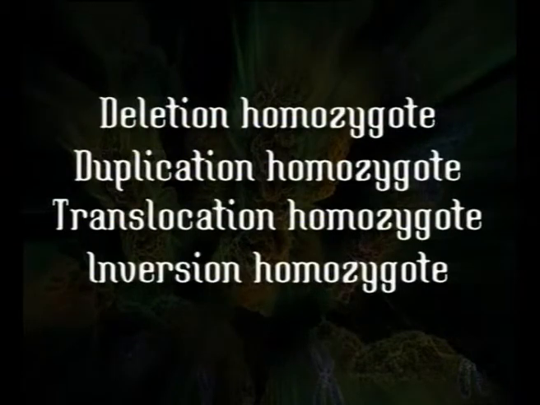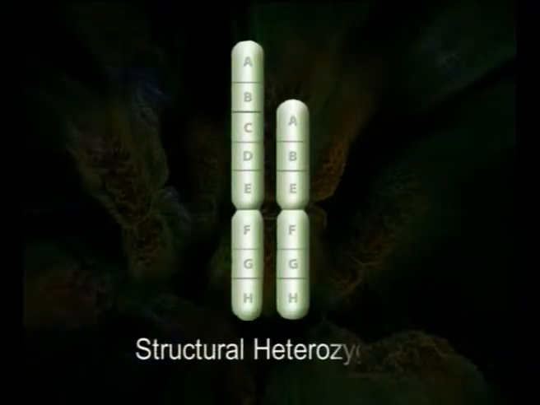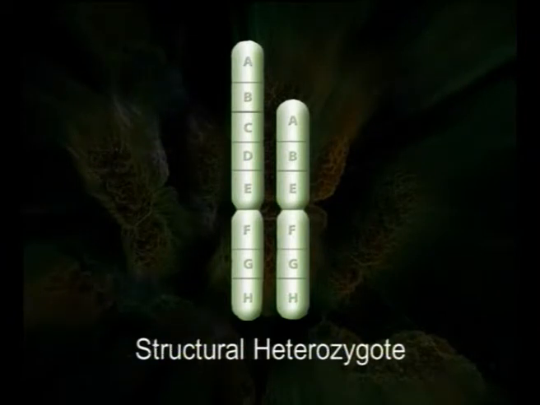On the other hand, if out of the two homologous chromosomes of a pair, only one carries the structural change, whereas the other chromosome is normal, that individual is known as a structural heterozygote.